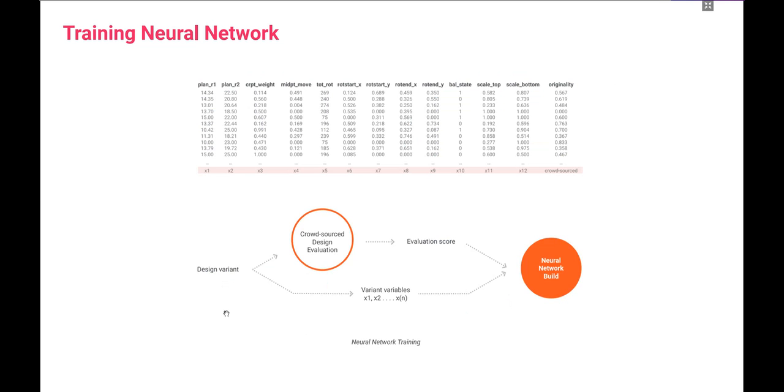Now, we then took the list of the values of the 12 variables and the average originality scores by both architects and non-architects, tabulated separately. We trained a neural network so that it could predict the originality perception by architects as well as non-architects.